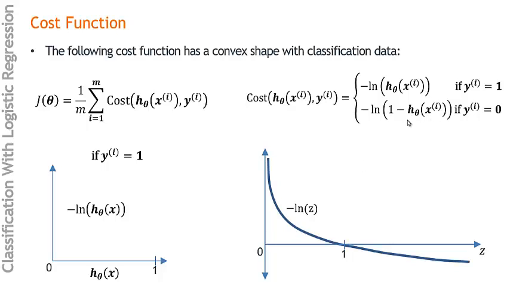If we look at the other case, you're basically just exchanging 0 and 1, right? If this value is 0, then 1 minus the value is 1. If this value is 1, then 1 minus 1 is 0. So you're doing the same thing with the roles of y equals 0 and y equals 1 reversed.